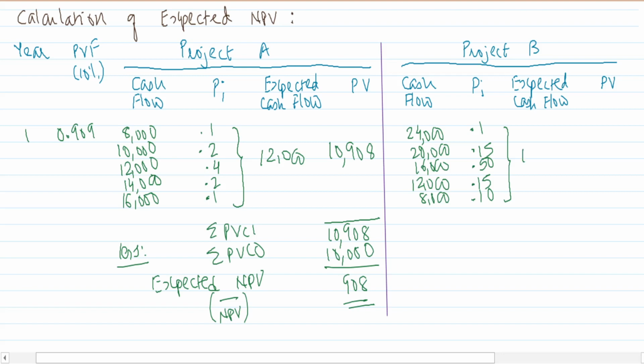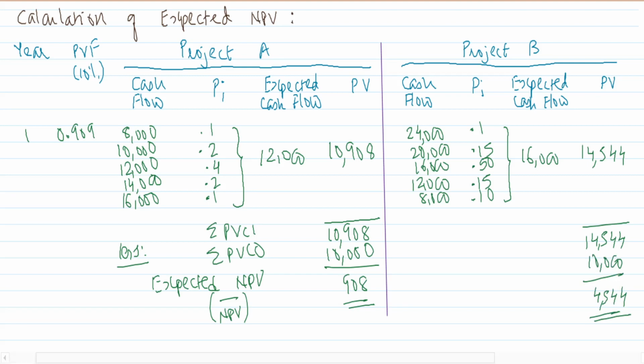It's turning out to be 16,000 over here. Discount at 10%, first year, 0.909. I get 14,544. This project is also costing 10,000. So we get an NPV of 4,544. Net present value of 4,544.